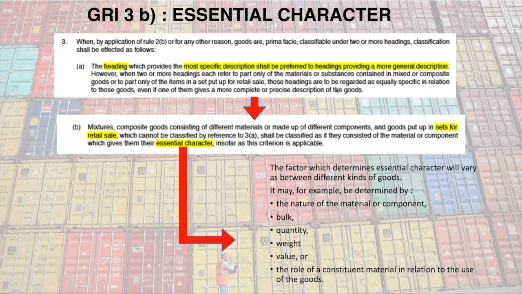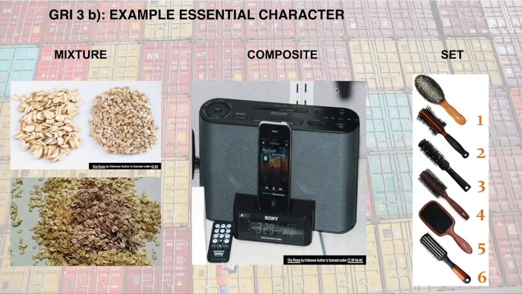Now let's see first what this type of product is. Mixtures. Here we have an example of a mixture. It is when barley, which would correspond to heading 1003, and oats, which correspond to heading 1004, are mixed in equal amounts.